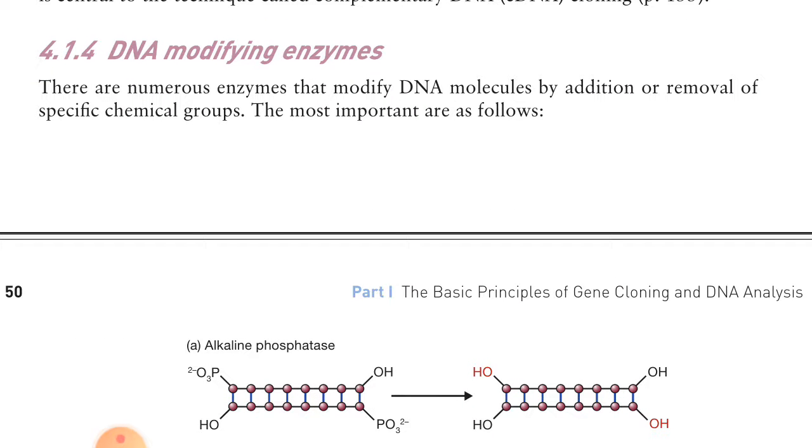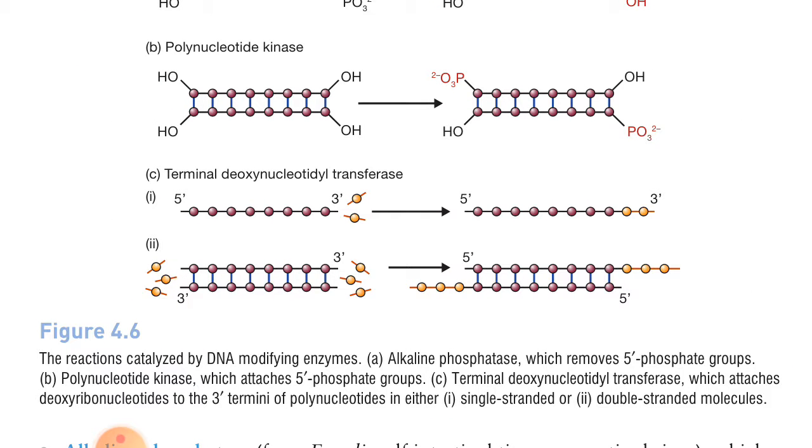So there are various DNA modifying enzymes also. Means they are basically for the addition or removal of chemical groups, like alkaline phosphatase, which removes the phosphate group.